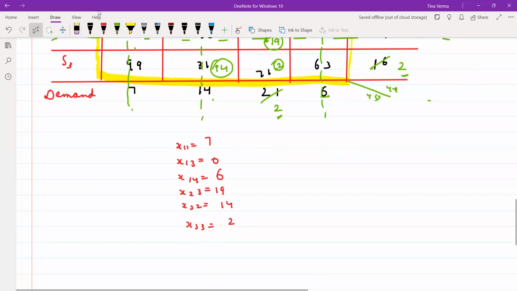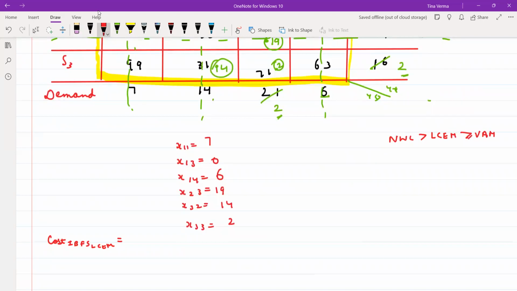Even if you will calculate your cost for your IBFS, for your LCM, you will notice that this will be lesser than your northwest corner rule. The cost that has come here, minimization, it will be lesser than your northwest corner rule. That means the northwest corner rule gives the highest cost, then LCM reduces the cost, and the last, this reduces the cost.